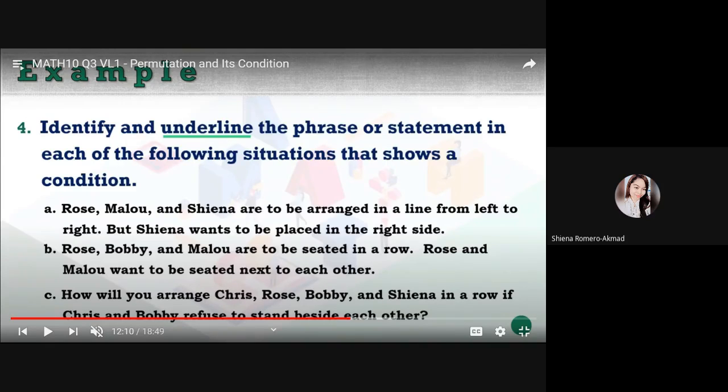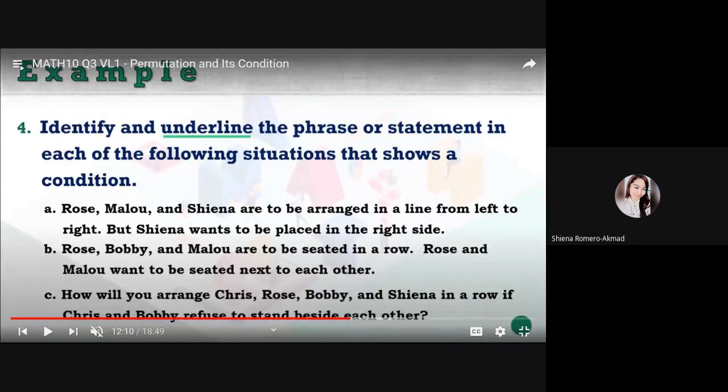Ano yung condition na binigay niya dyan? Arrange in a line from left to right. Is it arranged in a line from left to right? Ano place kaya? When we say condition, to be arranged.